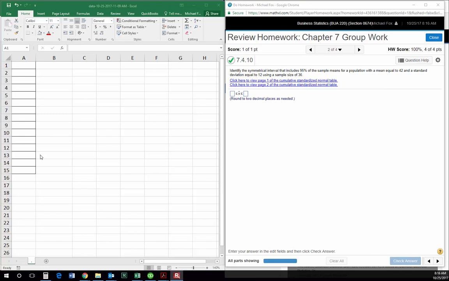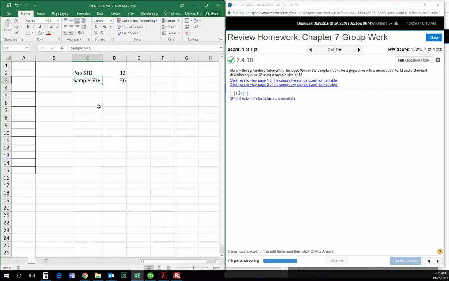The standard error of the mean is the population standard deviation divided by the sample size. So we'll just say pop standard deviation and sample size. All right, so this tells us right here it has a standard deviation of 12 and a sample size of 36. I'm sorry, it's the population standard deviation divided by the square root of sample size.